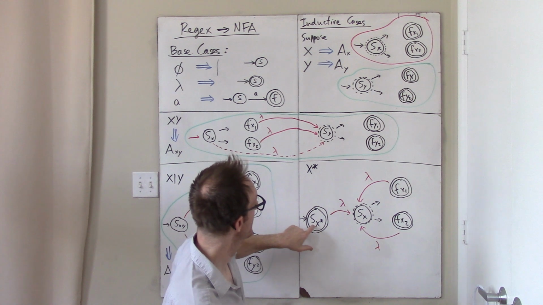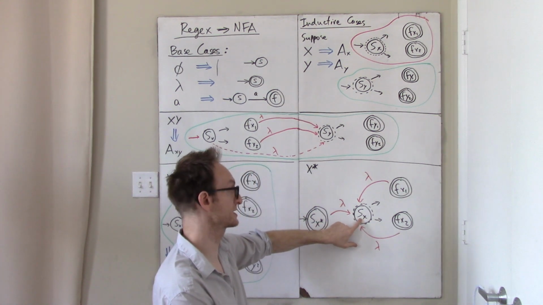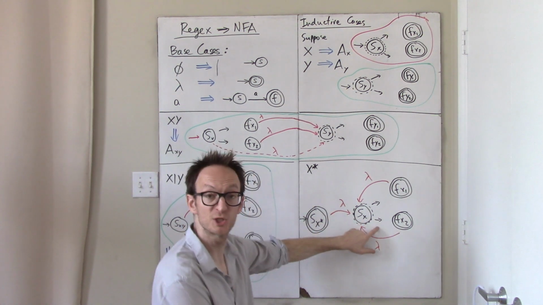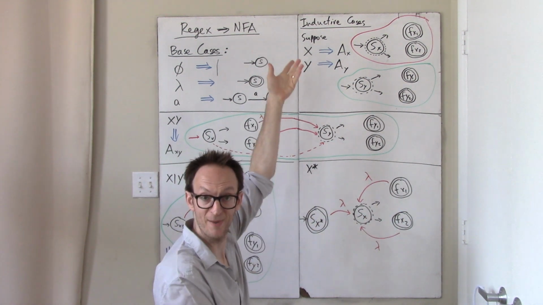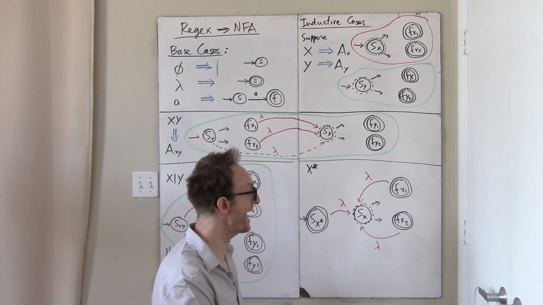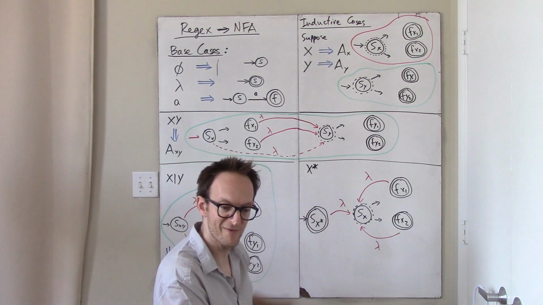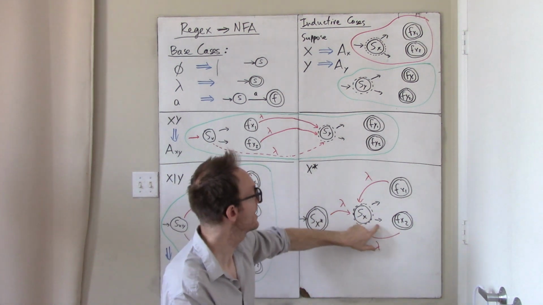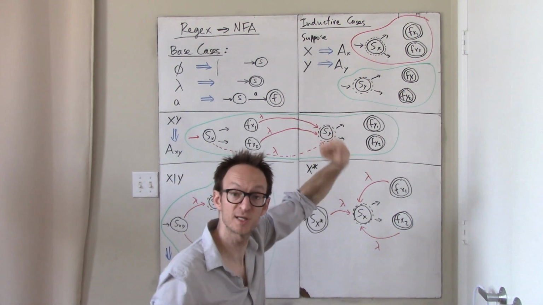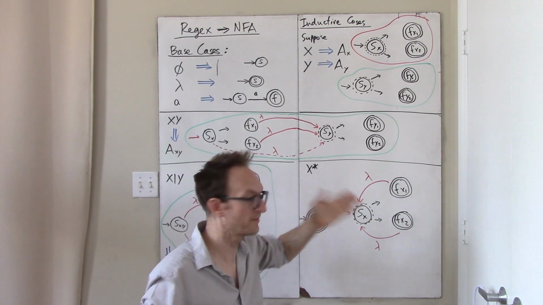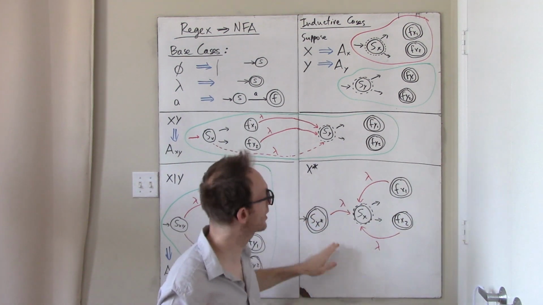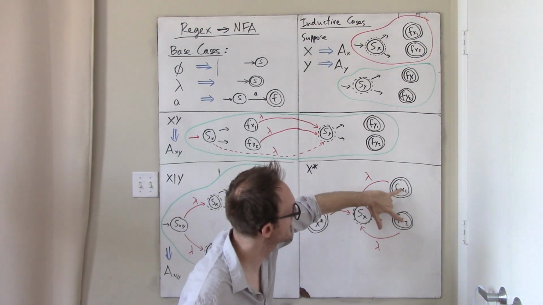Because we go here, we immediately lambda to what was the start state. Then, since this machine, by inductive hypothesis, represents x, the first substring is going to make it through and end in an accept state.